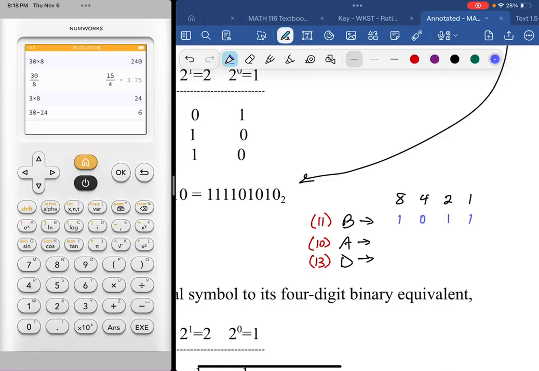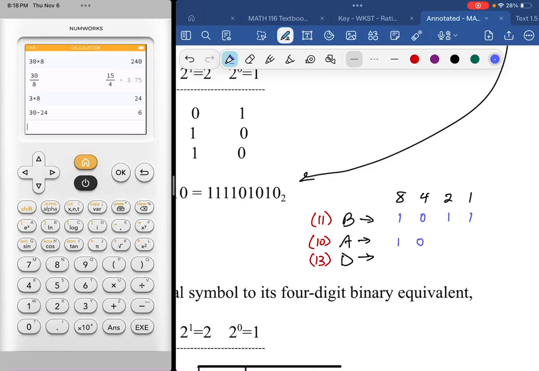If 8 plus 2 will get me to a 10, then I already have A here, 1, 0, 1, 0. And to get to a 13, I'll take an 8 plus 4 will get me a 12. If I take 2 more, I'm at 14. That's no help there. So then I'll take a 1. And since this one actually leads with a 1, I keep the whole thing.